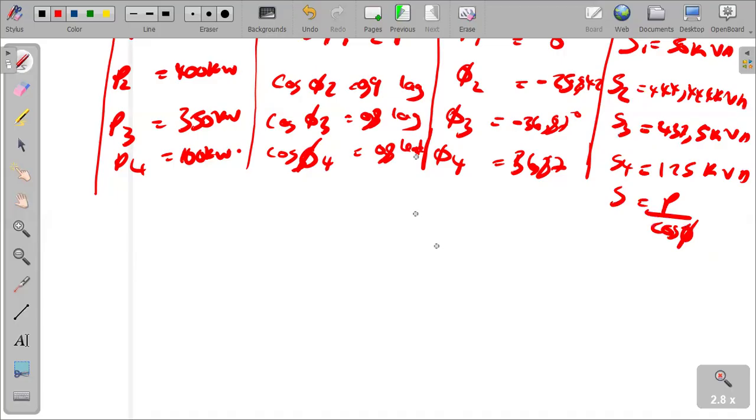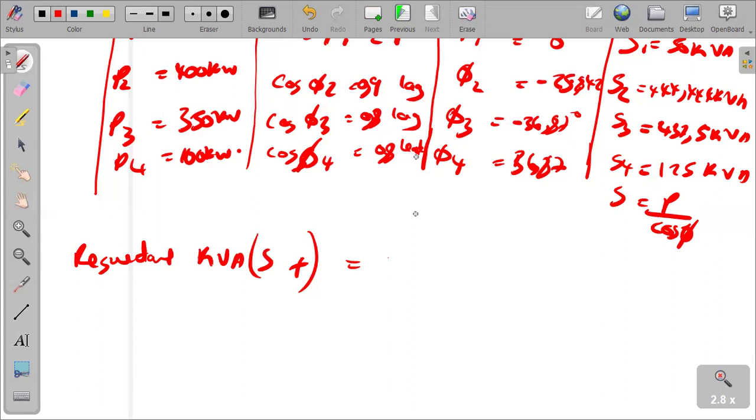Remember, power factor cos phi is equal to true power over apparent power. So from there, I then calculate the resultant kVA. The resultant kVA, which is ST, is going to be given by S1 plus S2 plus S3 plus S4.